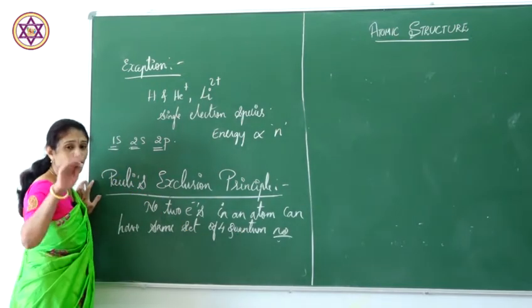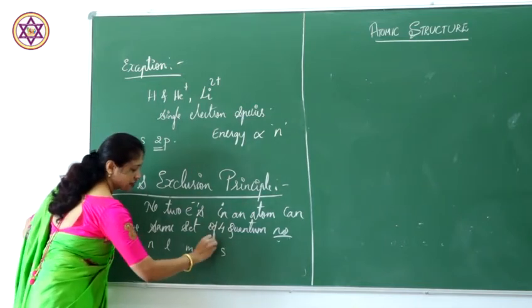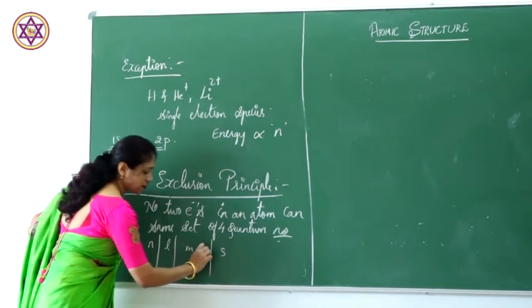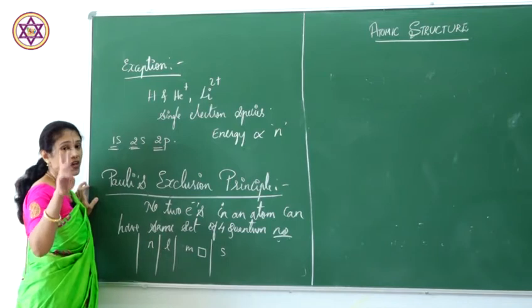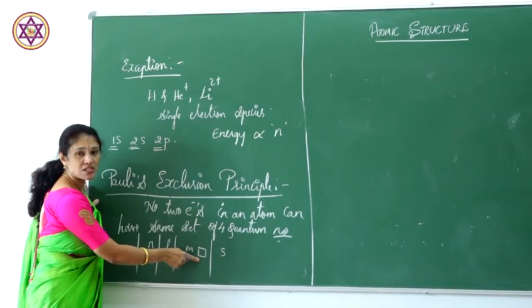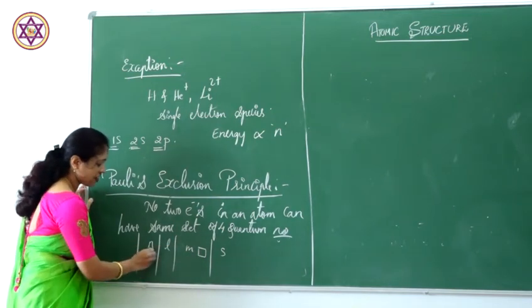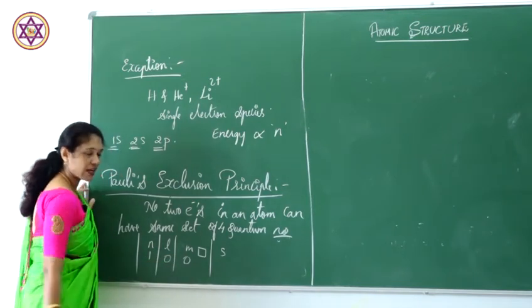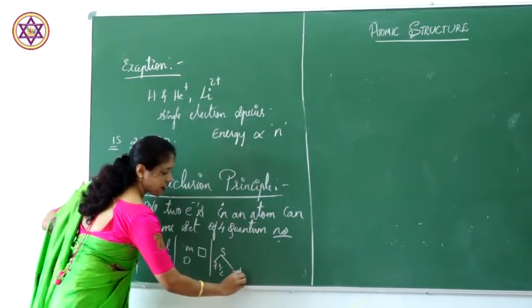You all know that there are 4 quantum numbers, that is n, l, m and s. In one orbital, I can occupy only 2 electrons maximum. Here, if the n value is 1, l value is 0, m value is 0, then spin is plus half or minus half.